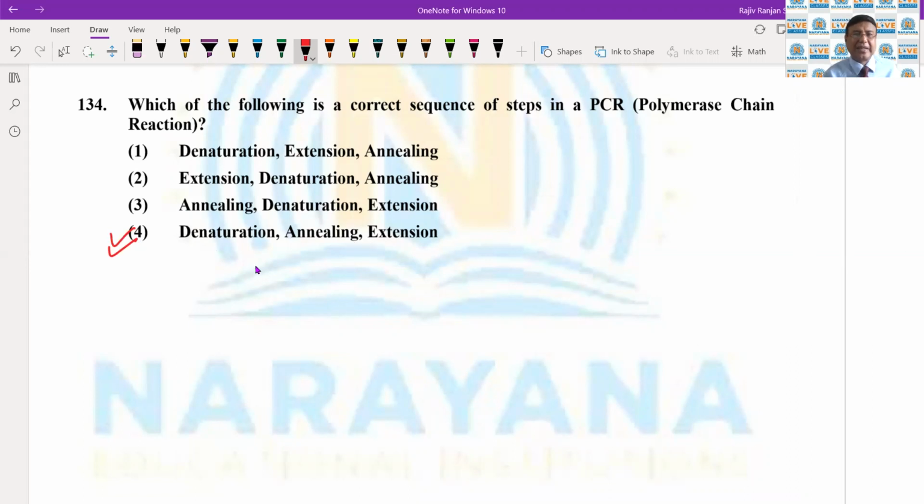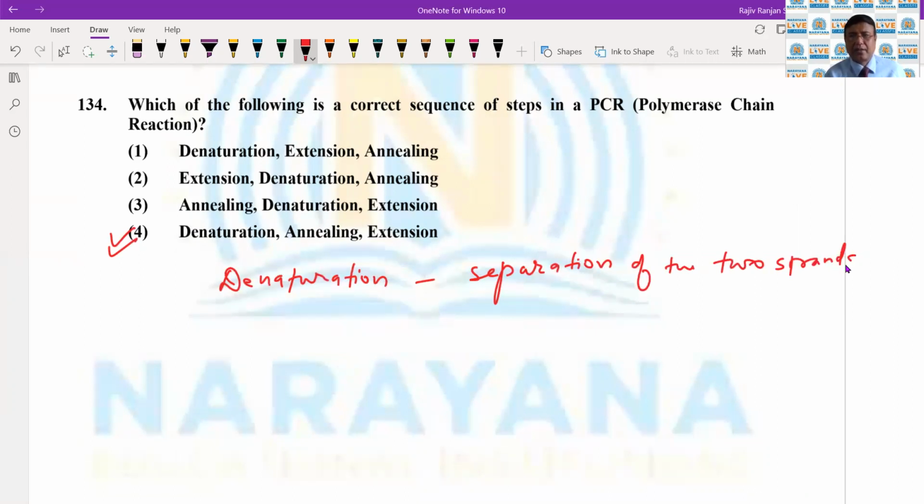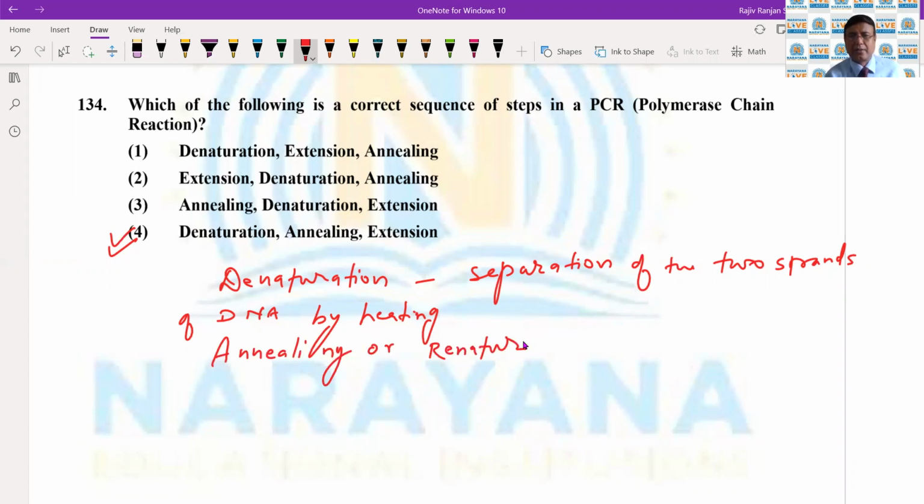Denaturation, annealing, and extension. What is denaturation? Denaturation is the separation of the two strands of DNA by heating. Annealing, or renaturation, is bringing about the union of the two strands.